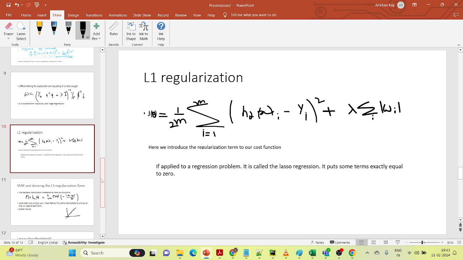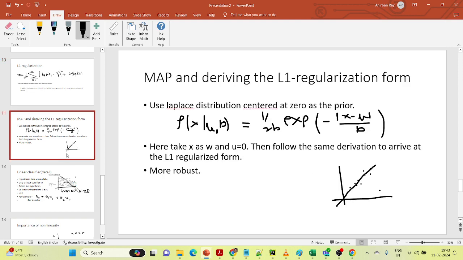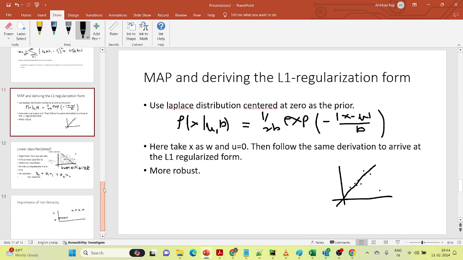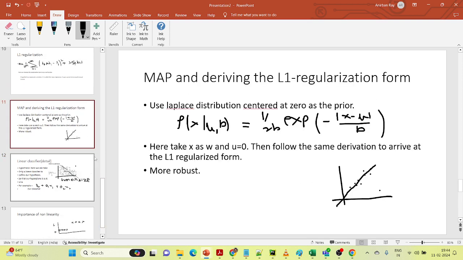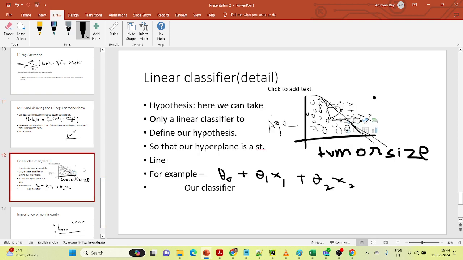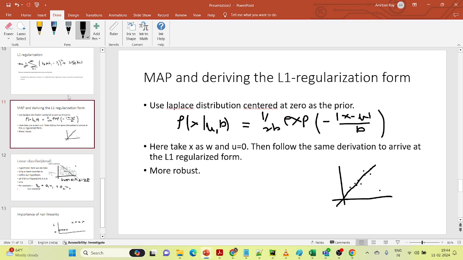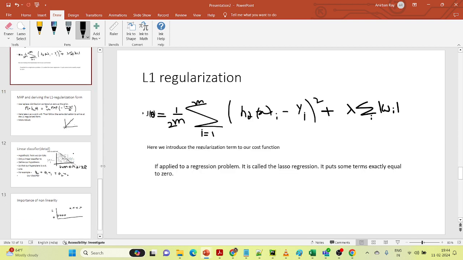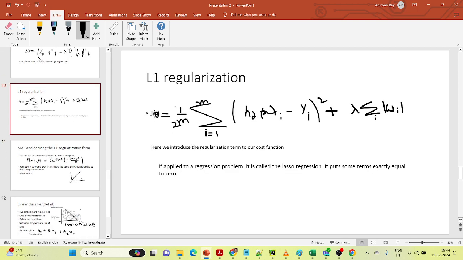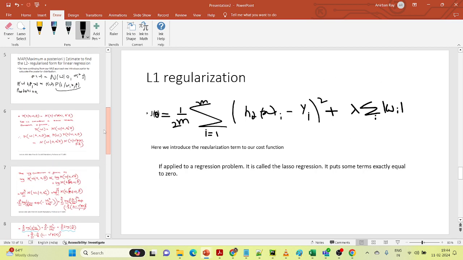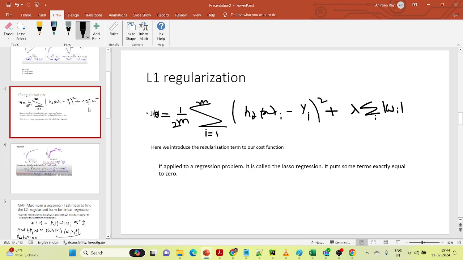This is the closed form as you can understand, but there is also a method called gradient descent to get to our minima. Here is the cost function with L1 regularization, and this is the cost function with L2 regularization.